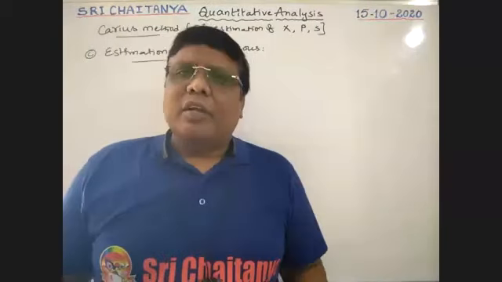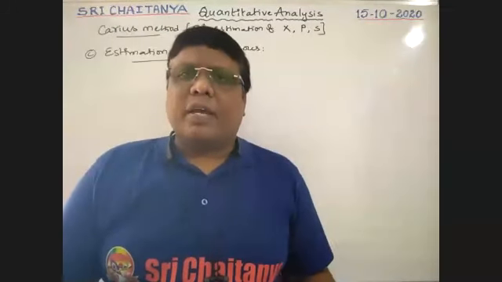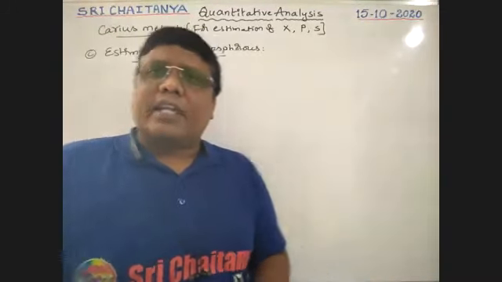Once again, the same: a known weight of organic compound is converted into a precipitate. Just like in the previous formulas, here also it is possible. So let us see how this is possible.